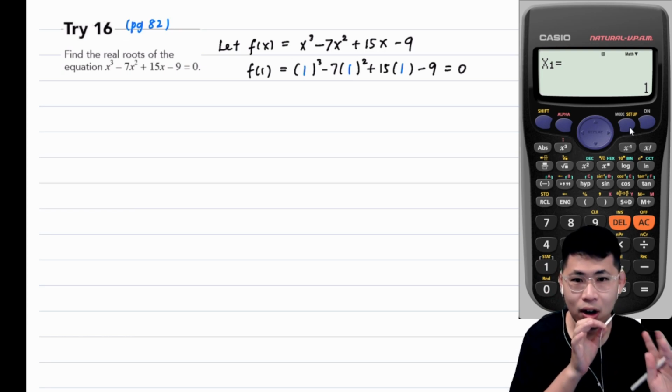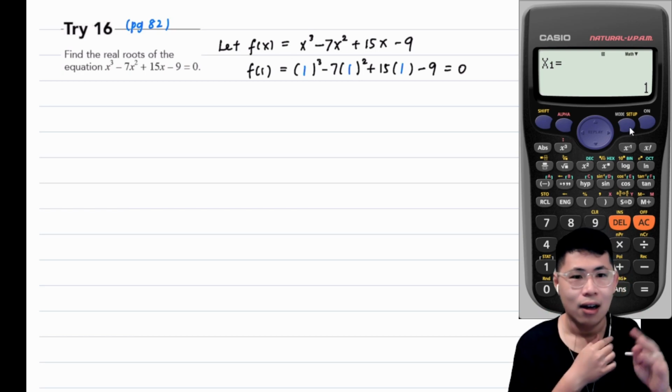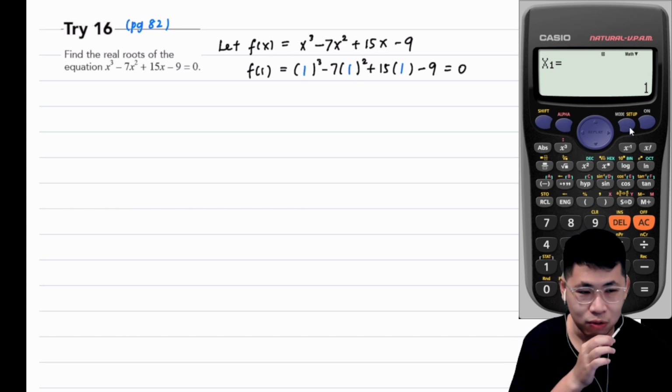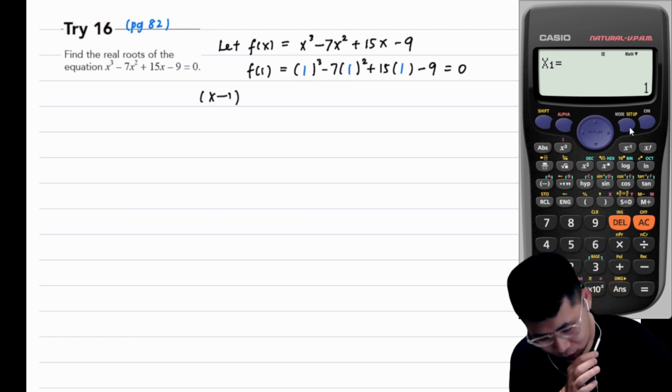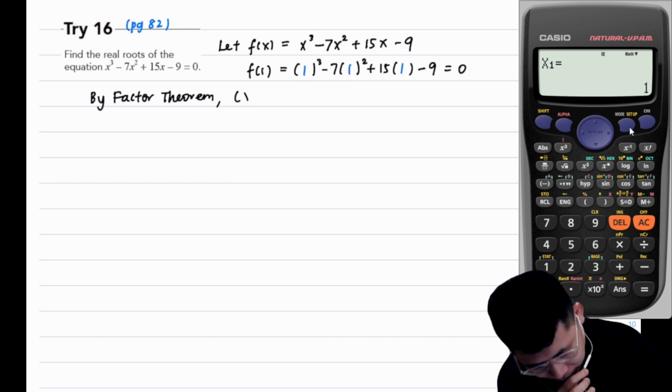Okay, so because of our guess and check, this is going to form our root. So if x equals 1, x minus 1 is going to be our root. So we need to write that by factor theorem: by factor theorem, x minus 1 is a root of f(x).